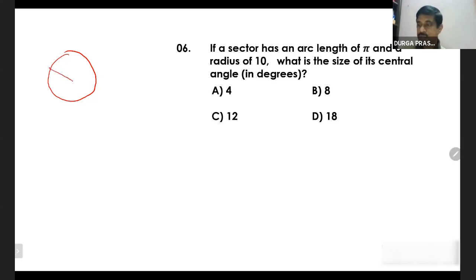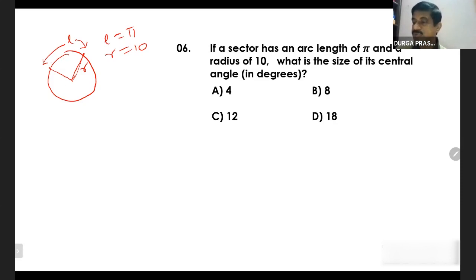So this is the sector. This is arc length L. L, he gave it as 5 and a radius of 10. So radius is R. R equal to 10 he gave. What is the size of its central angle?